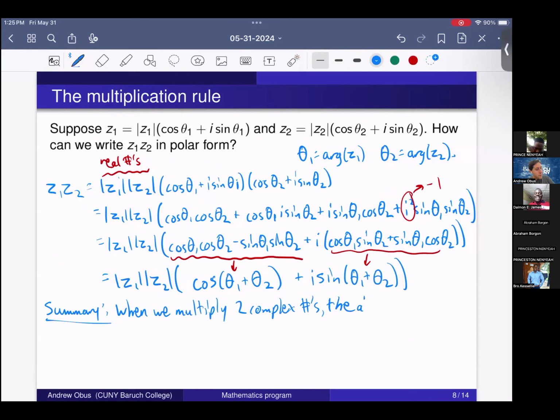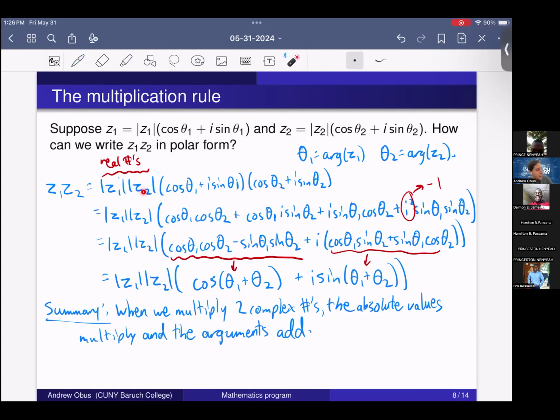So the absolute values multiply and the arguments add. Yes, question. Right, because these absolute values, we multiply them by each other. The angles add to each other.